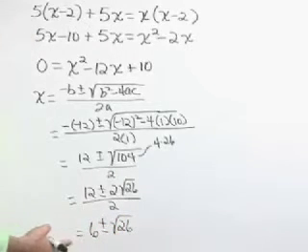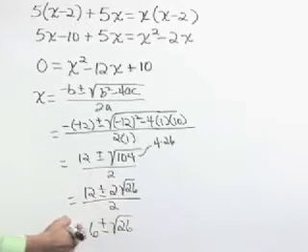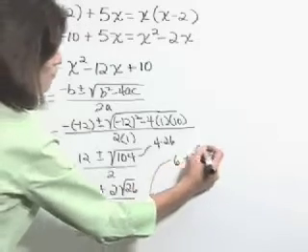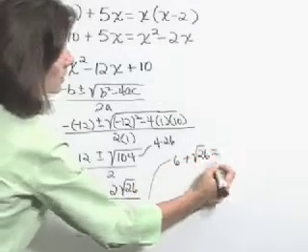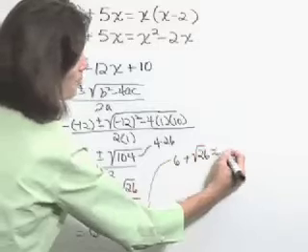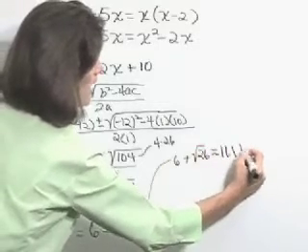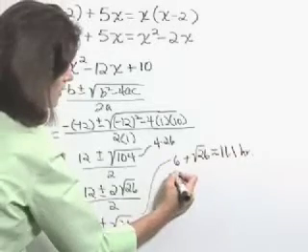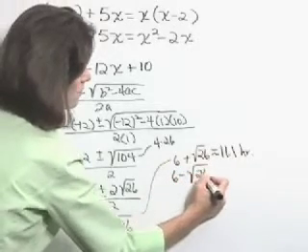Now, we wanted to write our answer in hours, rounded to the nearest tenth. So let's use our calculator and clean these up a little bit. This 6 plus the square root of 26 is approximately 11.1 hours.